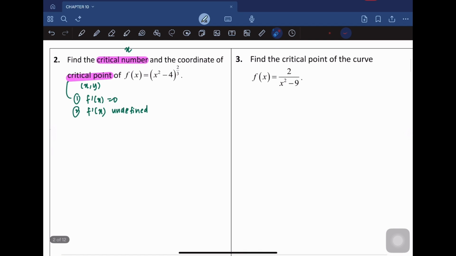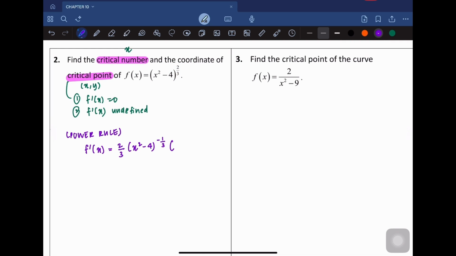First of all, obviously we are going to differentiate first to find f prime x. So this is the function, and we are going to differentiate using the power rule. Do you still remember how the power rule works? We use it because we have a function inside and we have a power. So by using the power rule, f prime x equals, first bring the power down, then copy the function as it is, but the power decreases by 1, so minus 1, it becomes negative 1 over 3.